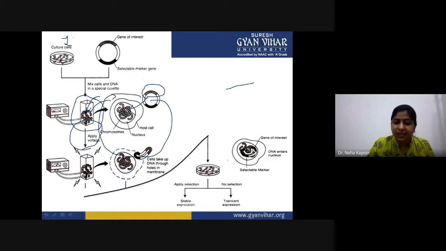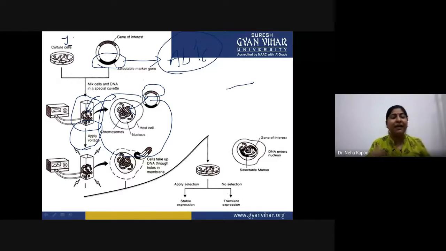For further selection, we can apply the selection strategy of this selectable marker. This selectable marker can be anything. It can be an antibiotic, or it can be some specific amino acid synthesizing gene also, for example histidine synthesis or tryptophan synthesis.